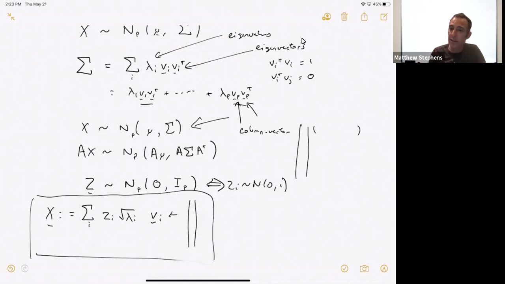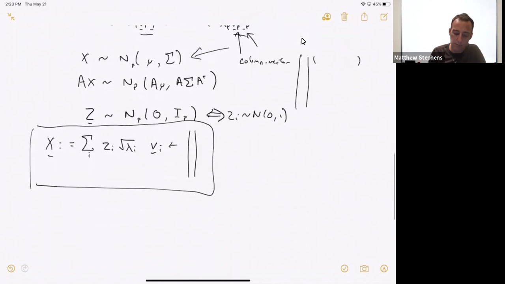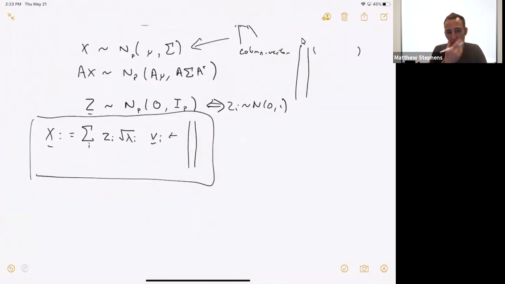The column vectors in this case are the eigenvectors. You can think of forming X as a linear combination of the eigenvectors, weighting each eigenvector by the product of two numbers. One is the square root of the eigenvalue, and the other is a random normal.